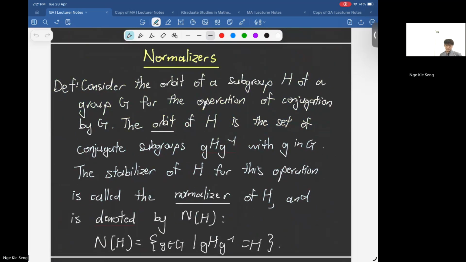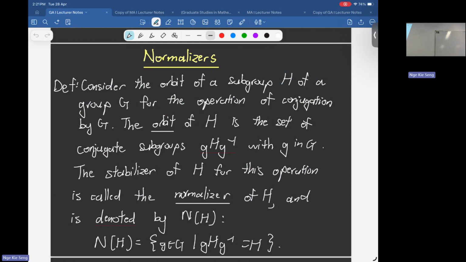So if you have a conjugate action, you can define the normalizer of a subgroup. Meaning these are the g such that gHg inverse is H. This is an action on subgroups.